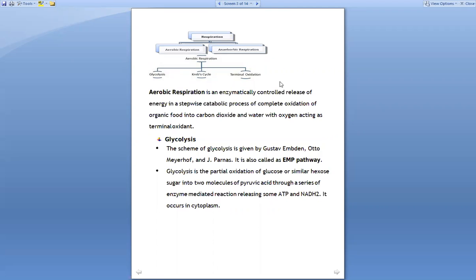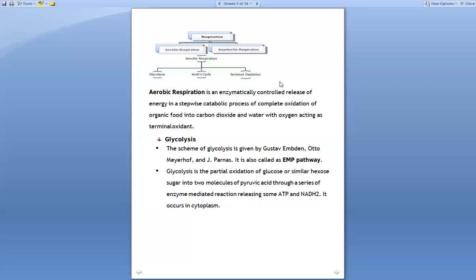These are the scientists who proposed or established this glycolysis model, and it is also known as the EMP pathway. This question can be asked simply as glycolysis, or explain the EMP pathway, right? This way the glycolysis has been given.